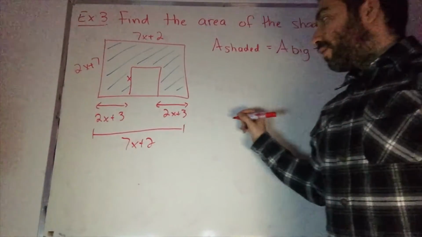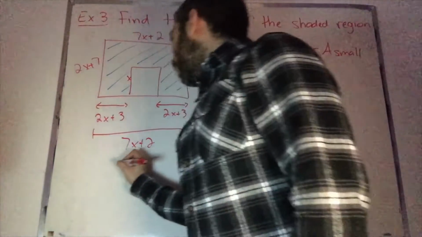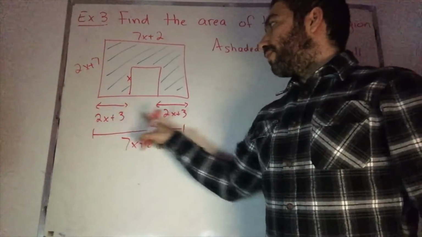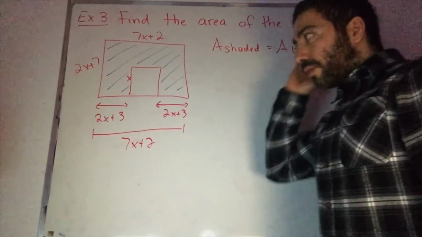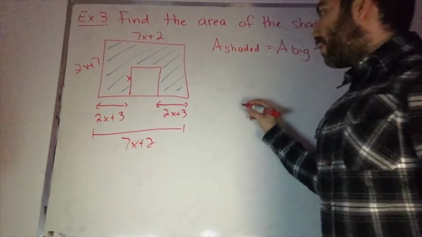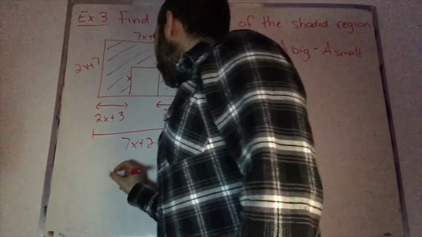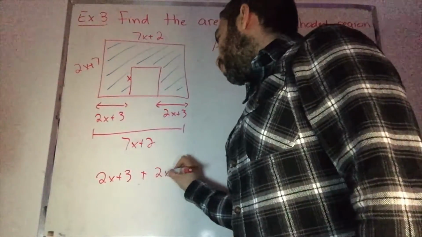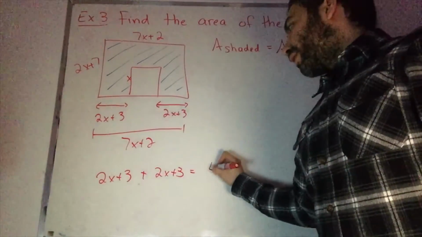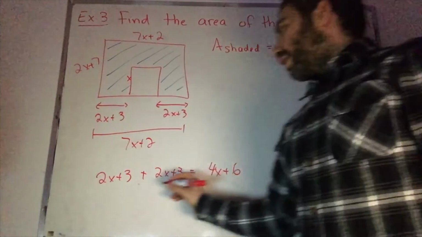Okay, so let's go ahead and do that. What we could do is add these two values first, get the total, and then subtract it from 7x plus 2. So let's do that together on the side. 2x plus 3 plus 2x plus 3, we get 4x plus 6, and now we subtract them.